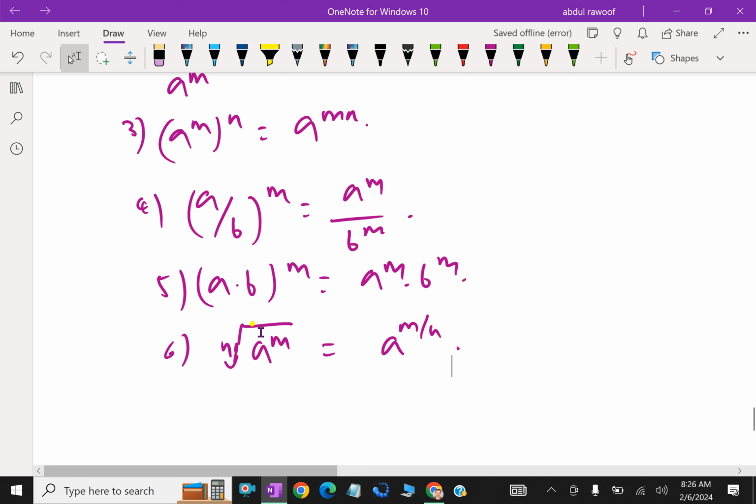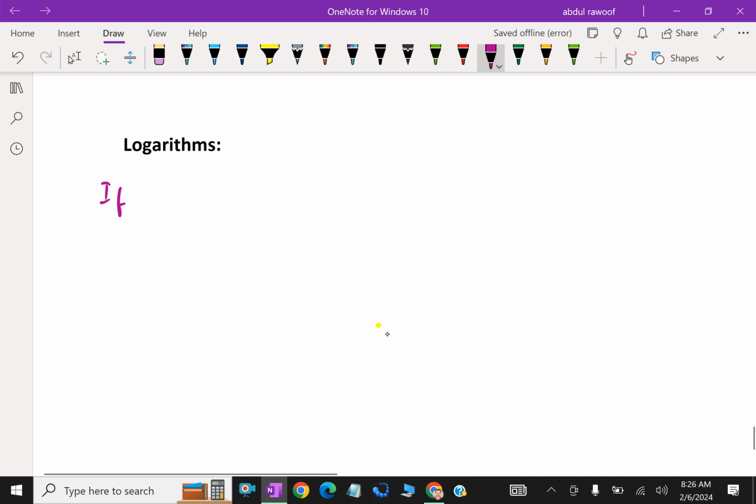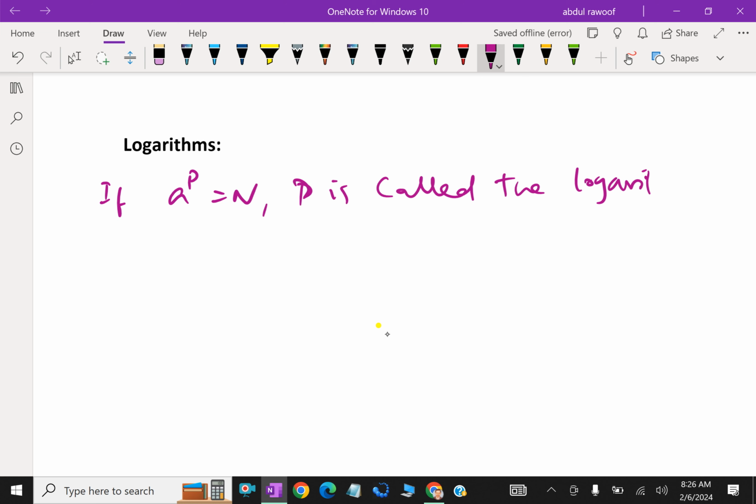Next one, logarithms. What is a logarithm? If A power p equals n, then p is called the logarithm of n to the base a.